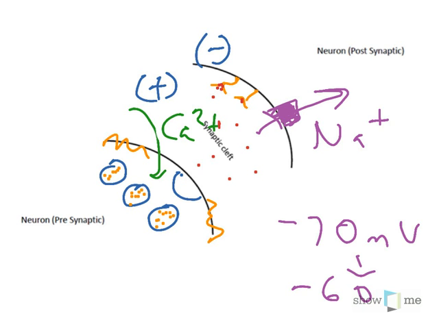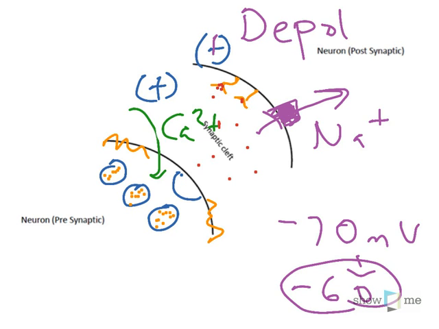So negative 60 would be the threshold level as we begin making the cell slightly positive. As we make it positive in relation to the outside of the cell, we call it depolarized. This cell is depolarized. You see why it is depolarized? Because it is the same charge inside the cell as it is outside the cell, as it goes to negative 60 millivolts.